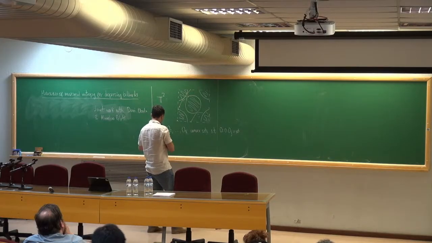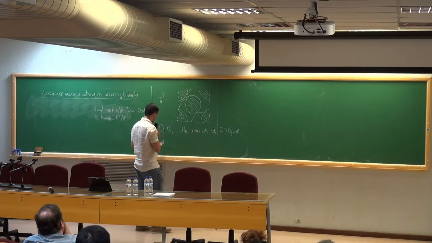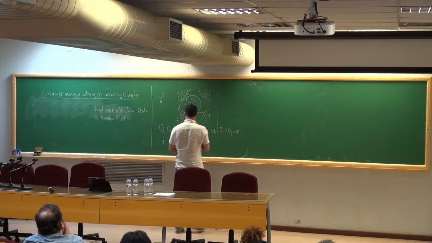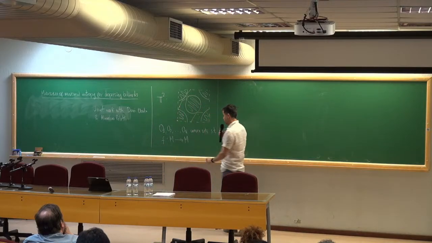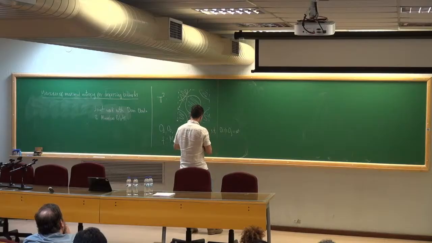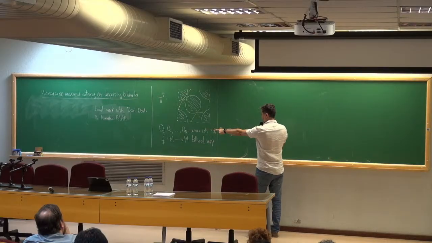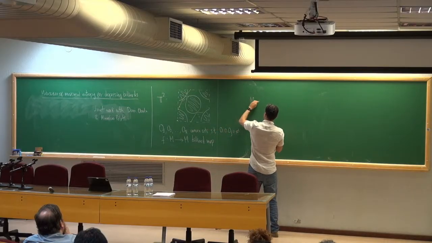So actually we consider here a map, and this map is defined in a space M, so I'm going to call this the billiard map. And the phase space is what?